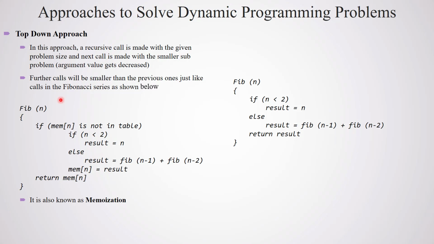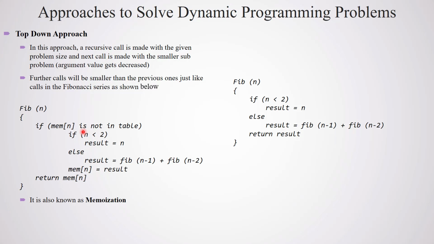Now look at the left hand side. Here we have an array called MEM. Whenever a particular subproblem is solved, its value will be stored in the MEM array, or memory array. Later, whenever the subproblem occurs, its value will be taken directly from this array.